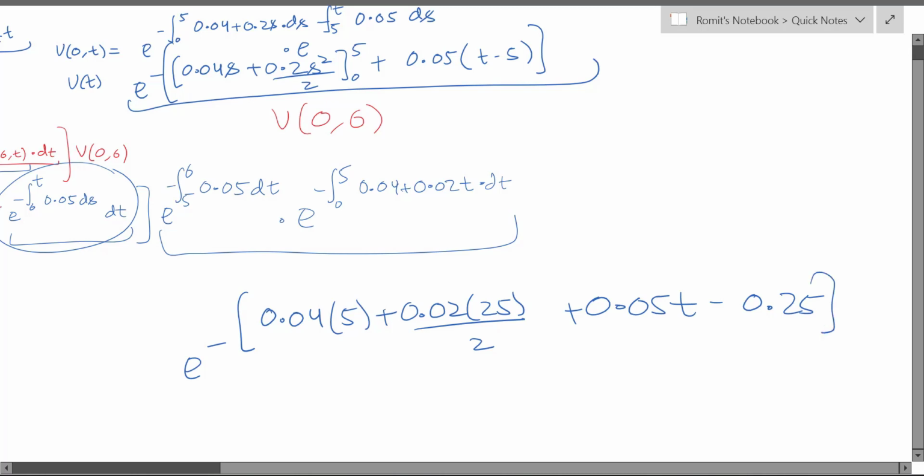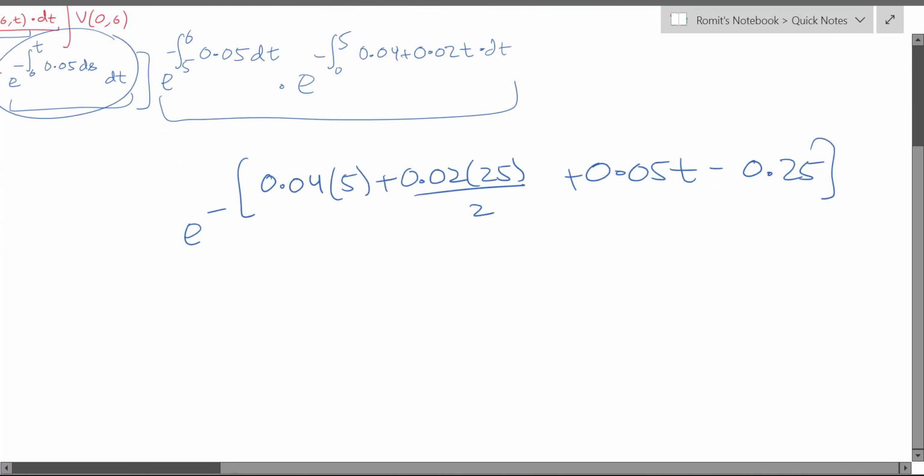And obviously this whole thing is inside the bracket, right. So what does this simplify to?